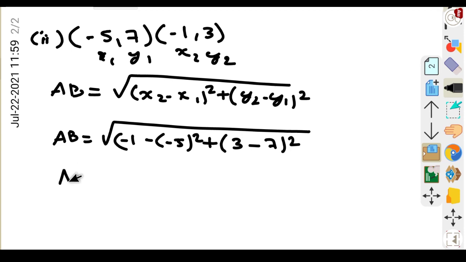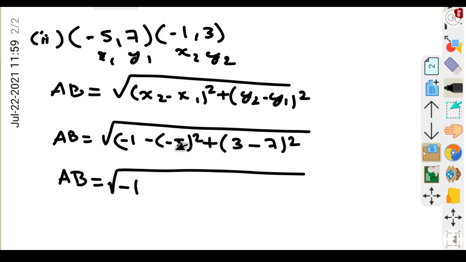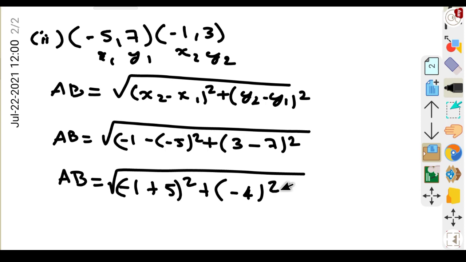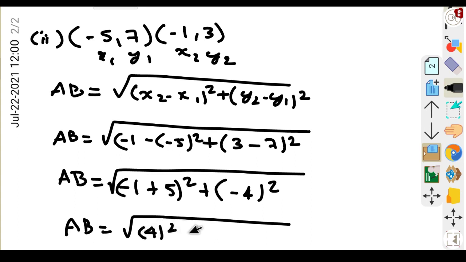Now if you simplify this, AB equals under root of minus 1, and minus into minus is plus, 5 whole square, plus 3 minus 7 is minus 4 whole square. Next, AB equals under root of, if you add minus 1 and 5 the answer is 4 whole square, plus minus 4 square will be 16.